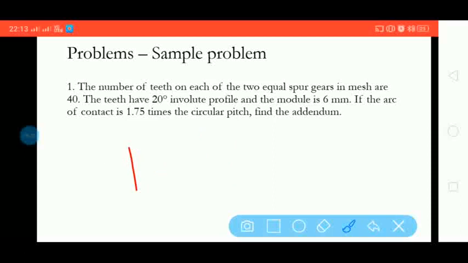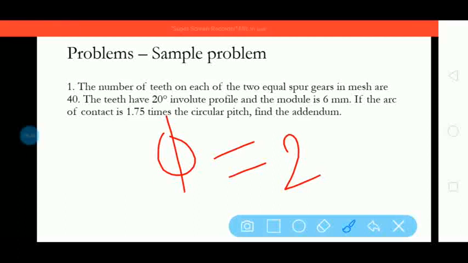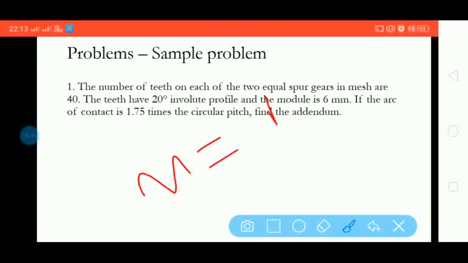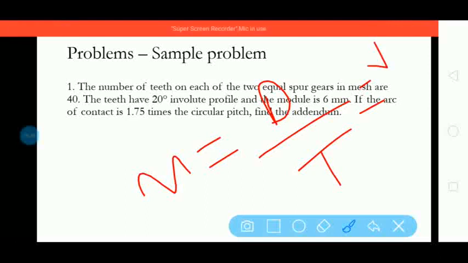Next, pressure angle is given, phi equal to 20 degree. Next, module equal to 6 mm. What is the definition for module? M equal to d by t. So D by T equal to 6 mm, and also small d by small t equal to 6 mm.